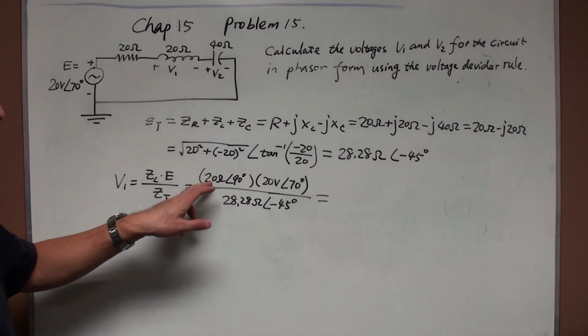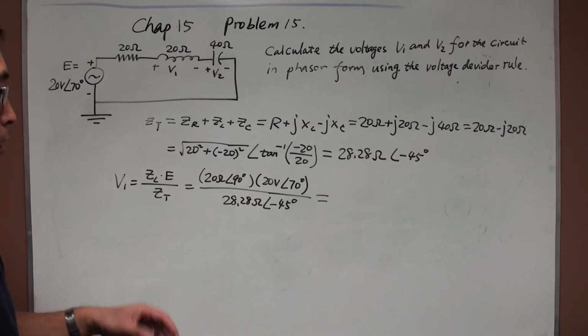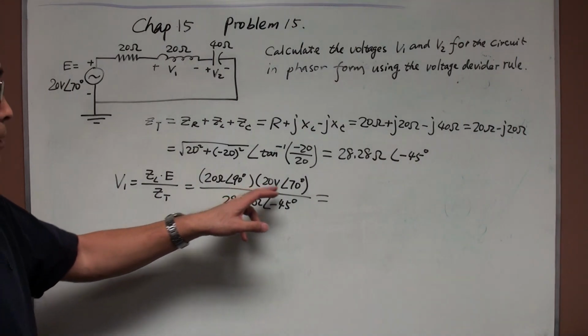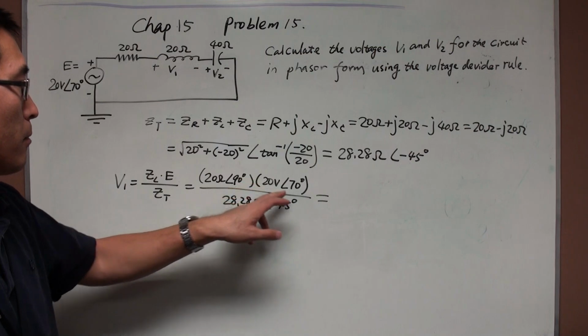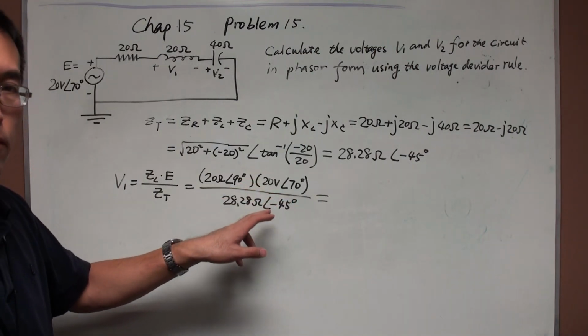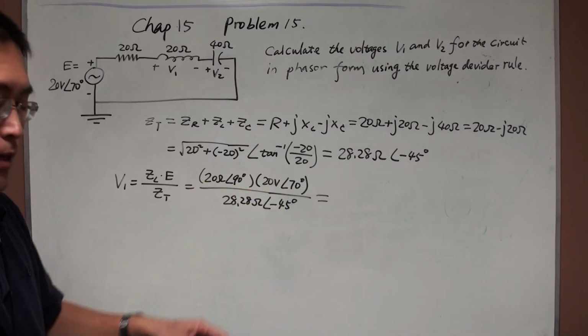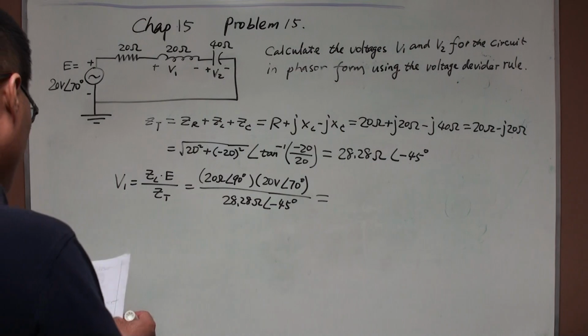So you multiply 20 over 28.28, you get the amplitude. For the angle, 90 plus 70 minus negative 45. So actually it becomes 90 plus 70 plus 45.